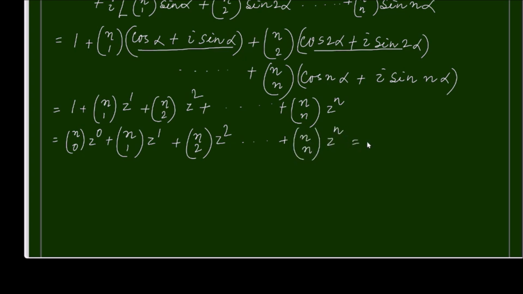This is nothing but your 1 plus z to the power n, using combination formula. Okay. So 1 plus Tn plus I Sn we got, that is 1 plus z to the power n.